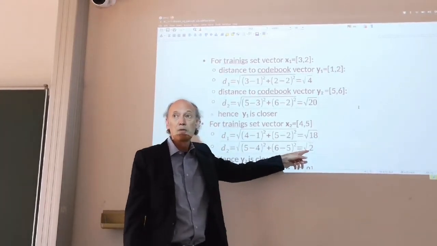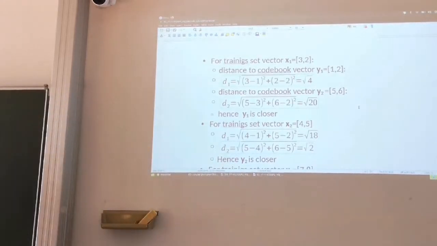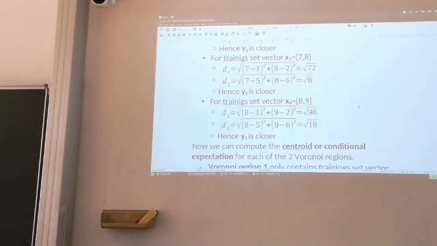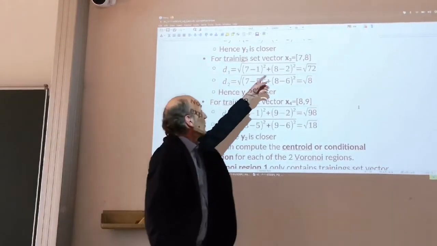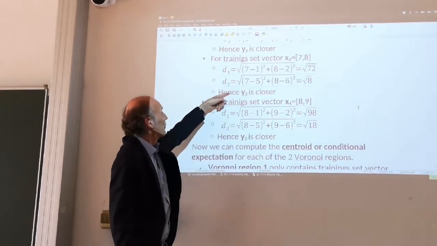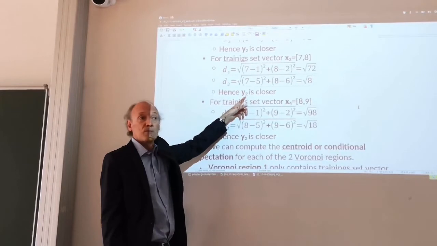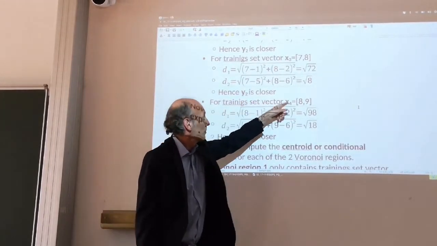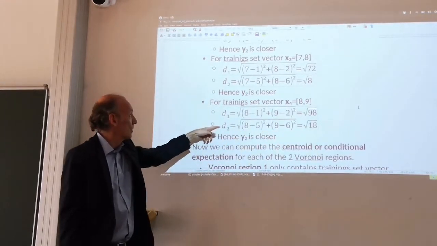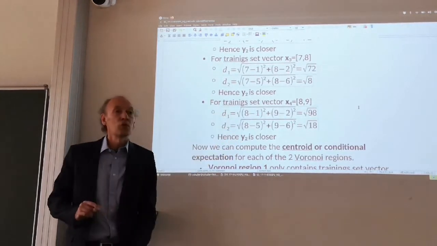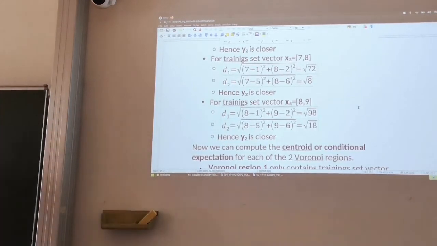In this case, 2 is the closest. Then we continue with the next two. For signal vector 3, D2 is closest, so code word 2 is the closest. For the last one, D2 is smaller, so Y2 is closer. Make sense? In this way we know in which Voronoi region each signal vector is.